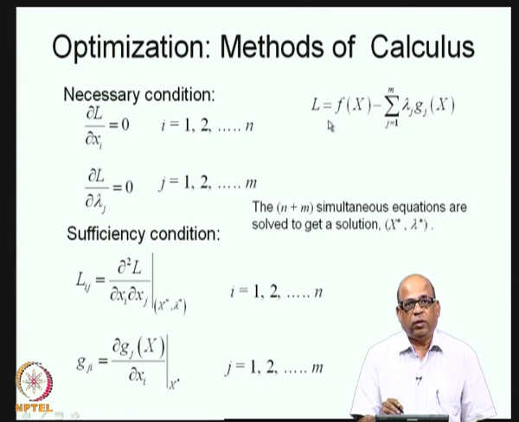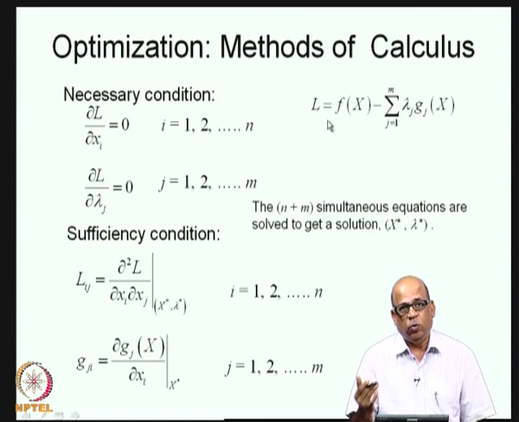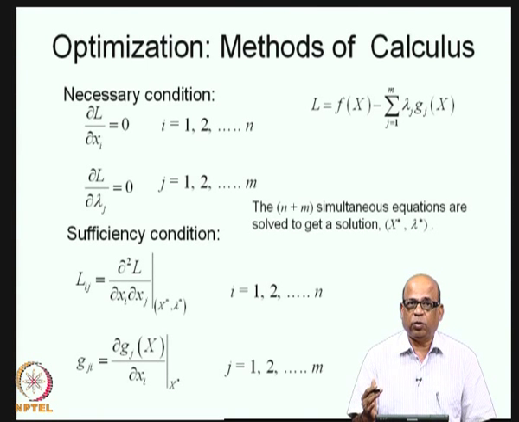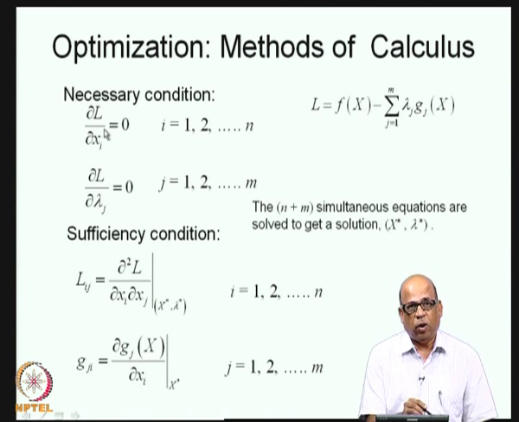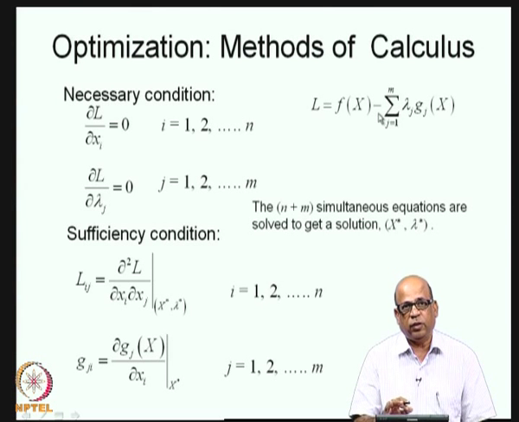For the Lagrange function to have a local minimum or a local maximum at x is equal to x star, the necessary conditions are that the first order differential of the Lagrange function with respect to each of its arguments, namely x 1, x 2, etcetera, x n, and lambda 1, lambda 2, etcetera, lambda m, the first differentials with each of these arguments must be equal to 0.